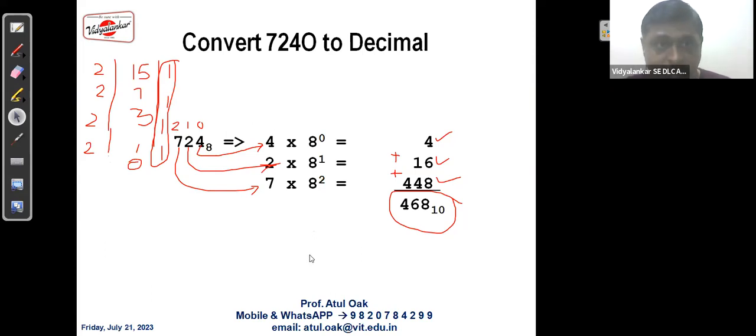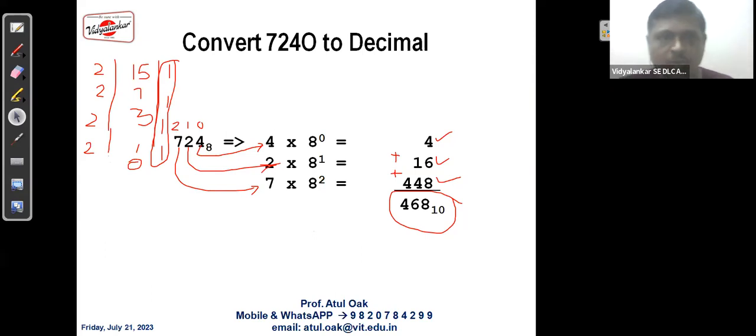You need to be a little careful in the division. My second question is convert a number 11111, five ones in binary, to decimal.